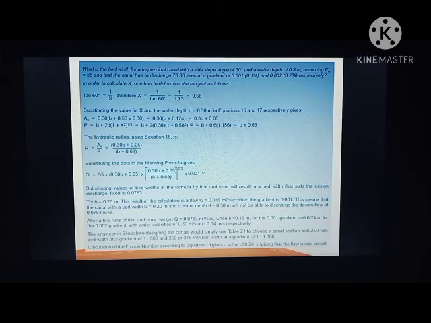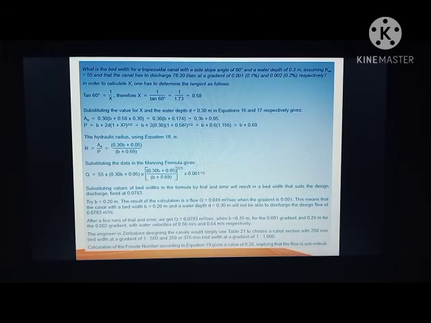After a few runs of trial and error, we get Q equal to 0.0783 cubic meters per second when b is equal to 0.35 meters for the 0.001 gradient and 0.24 meters for the 0.002 gradient, with water velocity of 0.50 meters per second and 0.64 meters per second respectively.